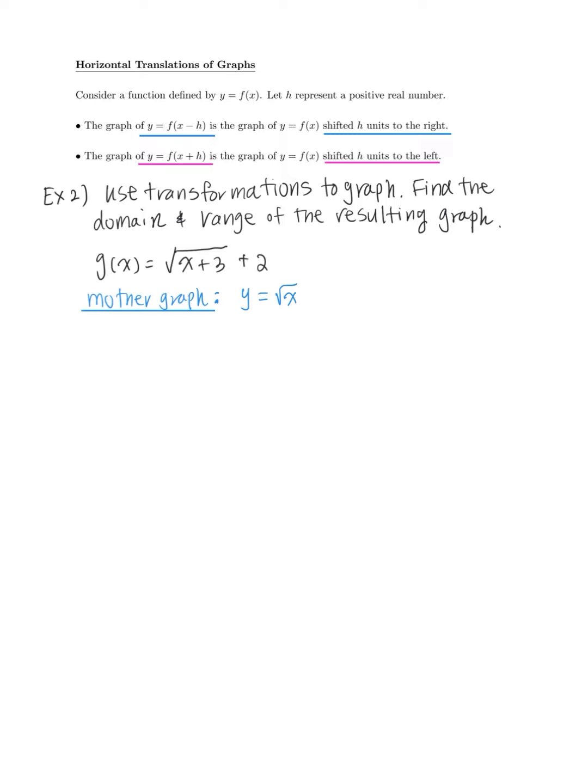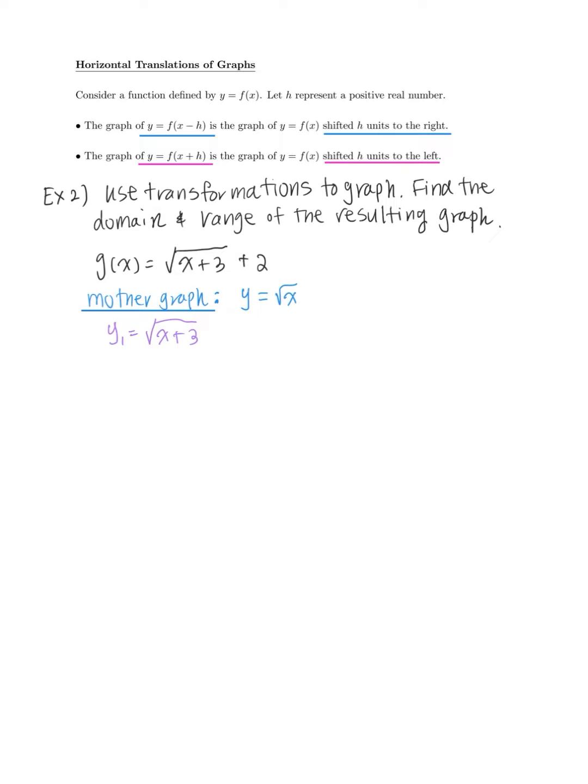Now let's write down what we're going to do. So here, let's take y sub 1 to be the square root of x plus 3. So what do we need to do here? This is precisely the second case, isn't it? If there is a plus in between, then we need to shift h units to the left.